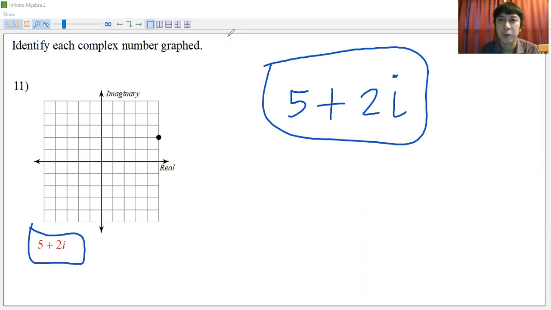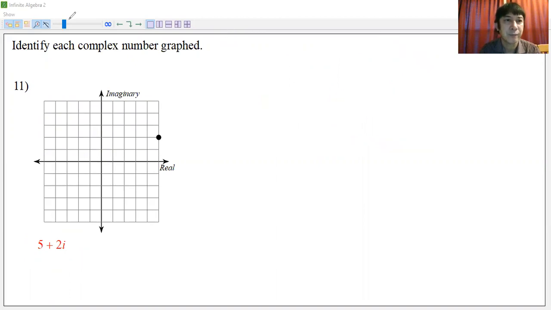Let's have number 12. Okay, here's number 12. You can see the black dot down here. And there's no real number. That means there is no real number. So this will have to be just negative 5i.